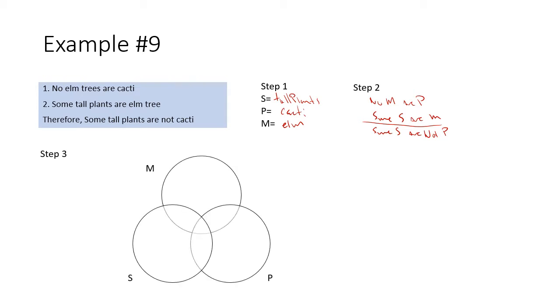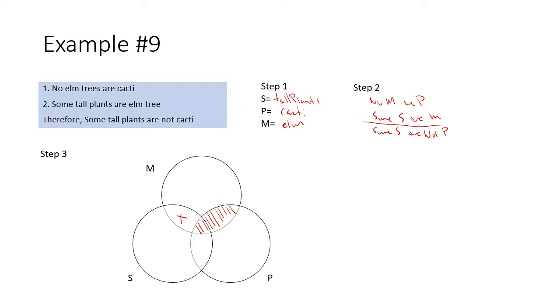All right, so here's a situation where we have a universal and a particular, so we do the universal first. No M are P, so the overlap between M and P is empty. And some S are M is there's at least one thing that is both an S and an M. So we put an X in a football, and it has to go on the left here.